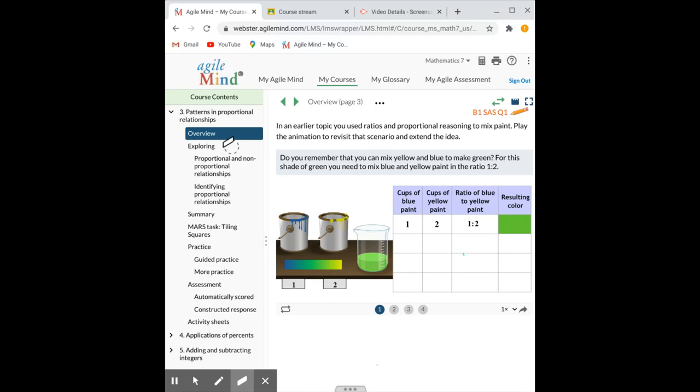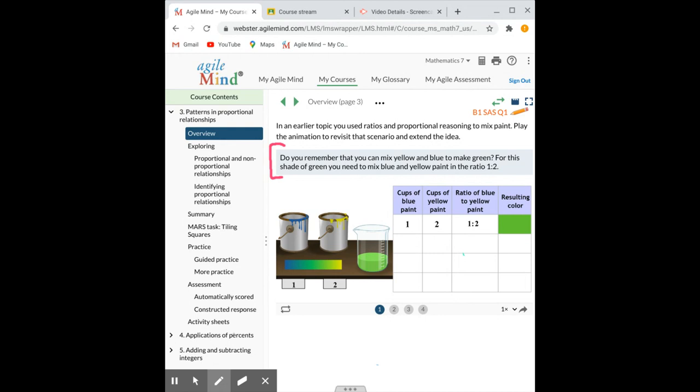Read this. Okay, I got it, go for it. What do you want me to read again? The part that I highlighted in the gray.